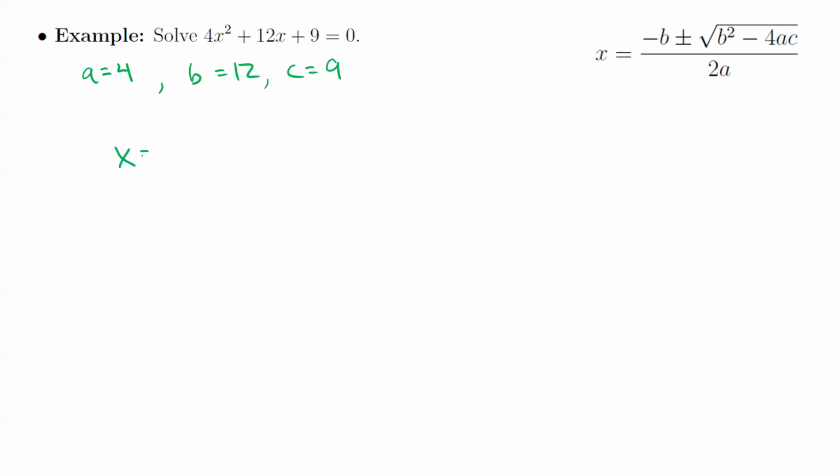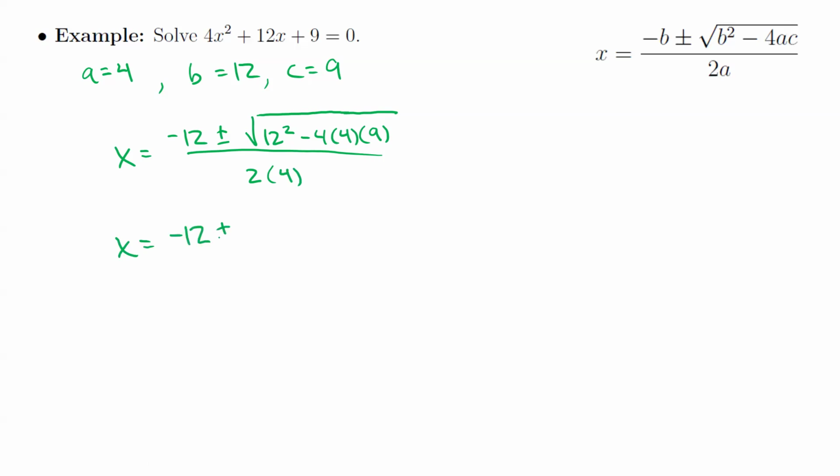So x is equal to negative 12 plus or minus the square root of 12 squared minus 4 times A times C, all divided by 2 times A.